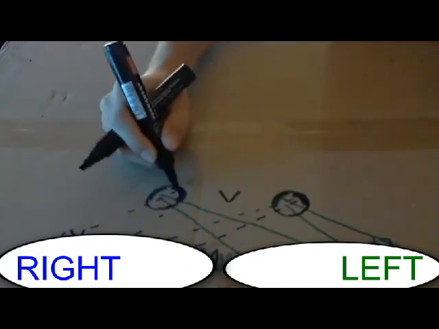Light hits the retina from both parts of your visual field and is transduced into electrical energy.